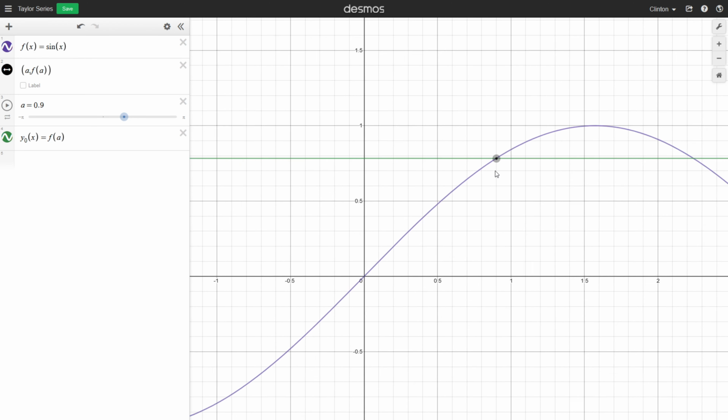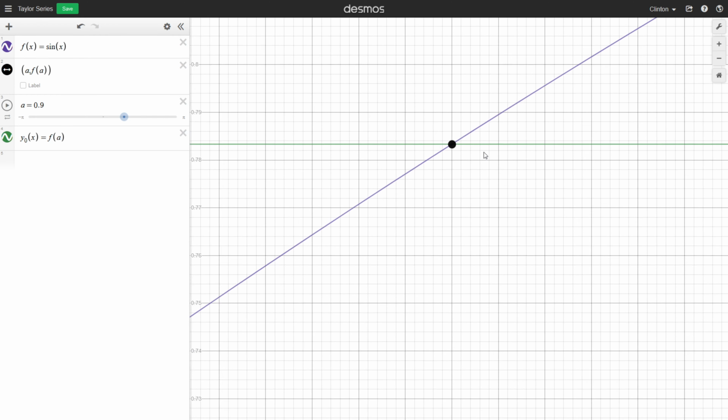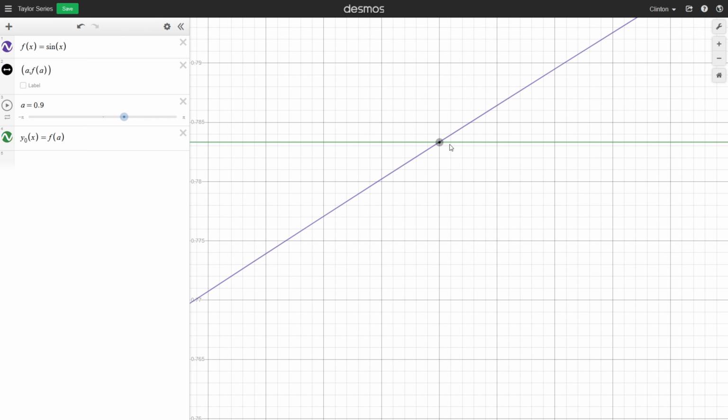So if we zoom in really close to this point, you can see that even if we move a very small distance to the left or to the right, it's a really bad approximation. And the reason for this is because the slopes don't agree.